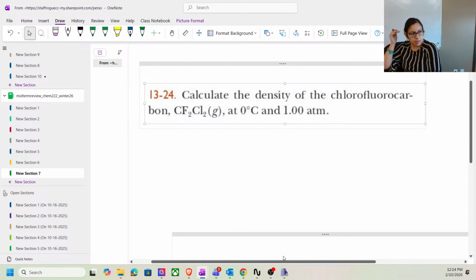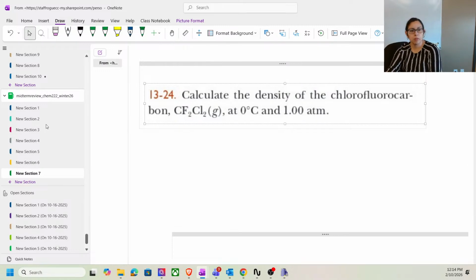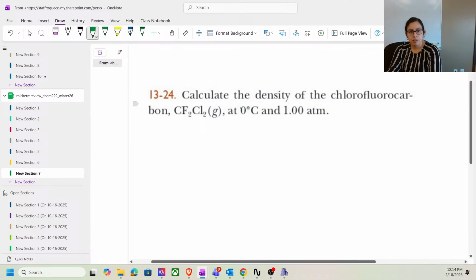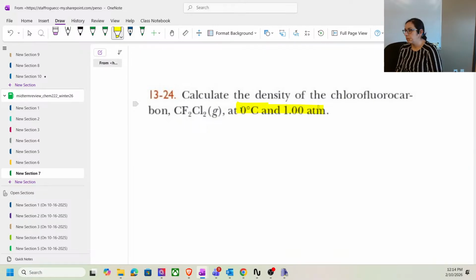So what information do we need? And then what should we recognize to make our lives a little easier? Or mass, yeah. Mass over volume. And then what's volume?